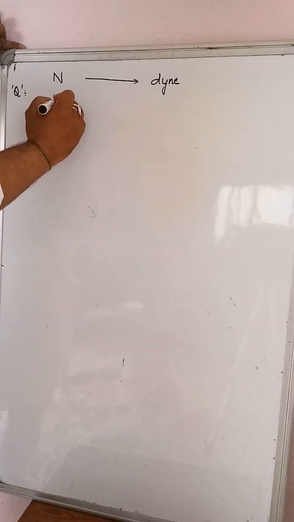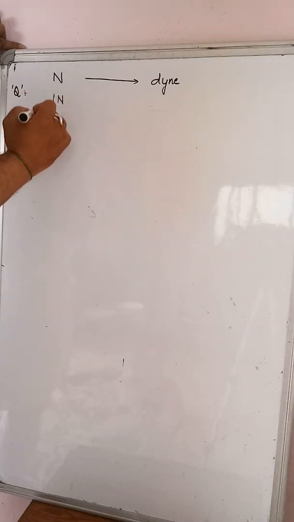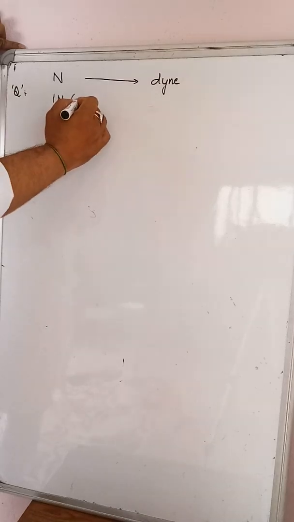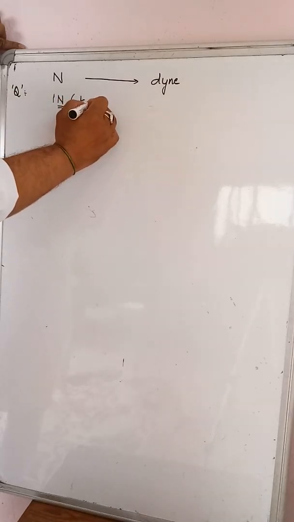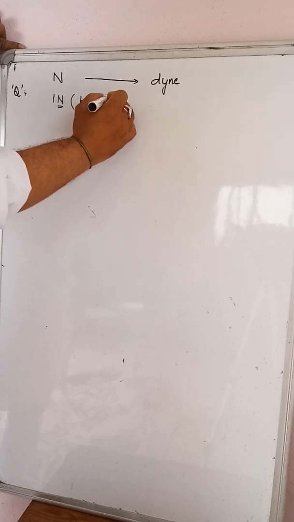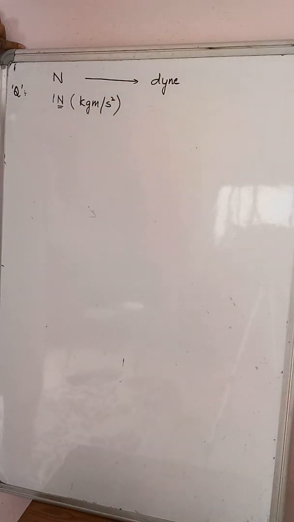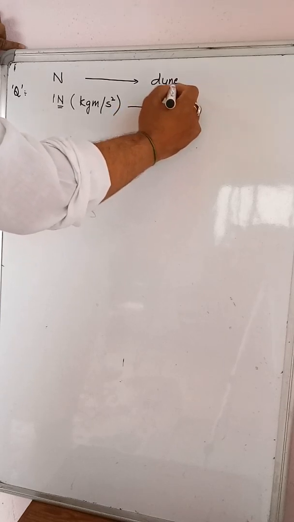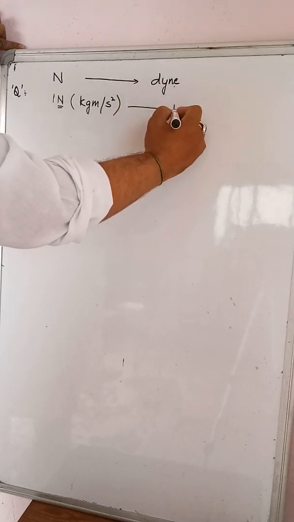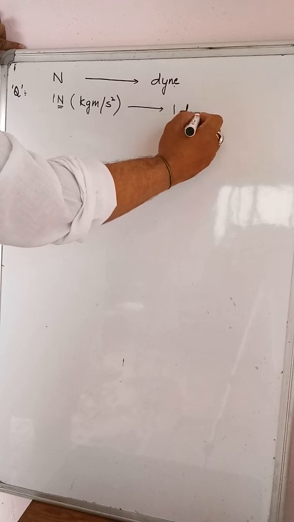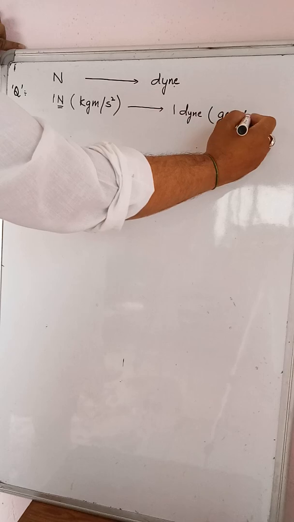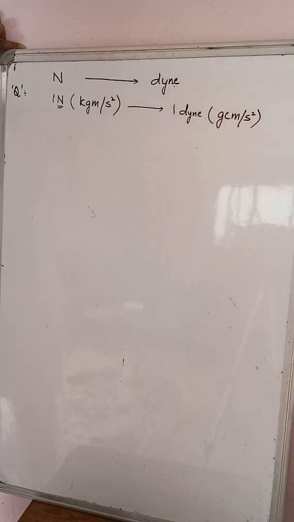So you see, 1 Newton, I had already discussed that this Newton is translated from kg meter per second square. And I had already told you that dyne was translated from gram centimeter per second square.